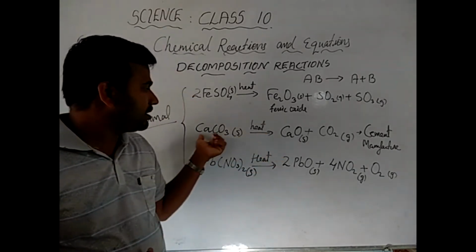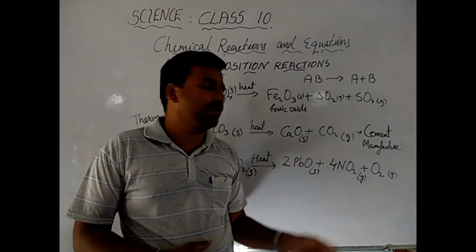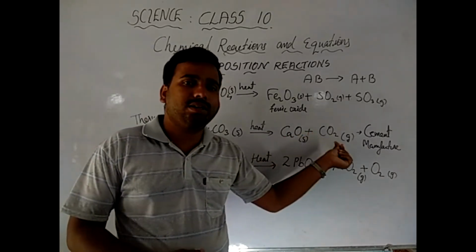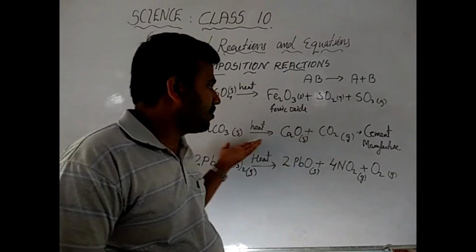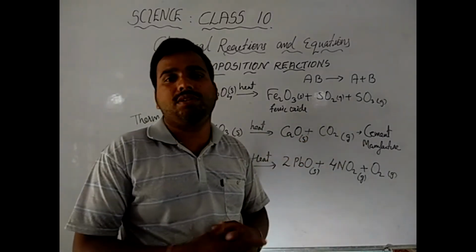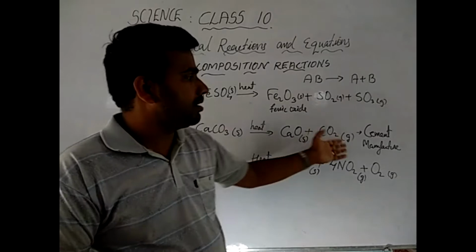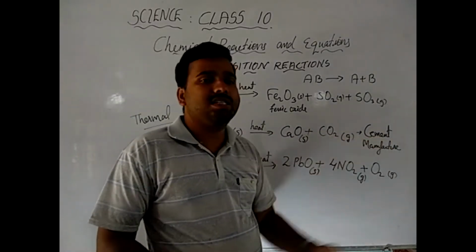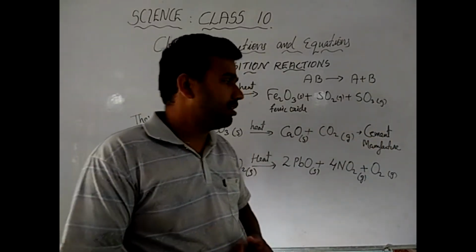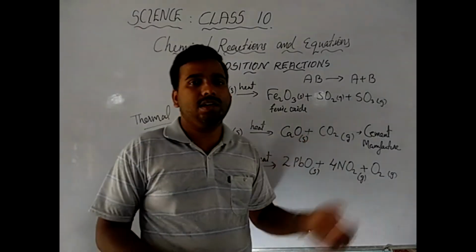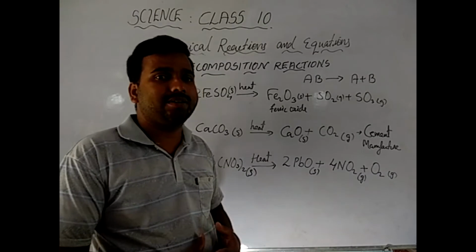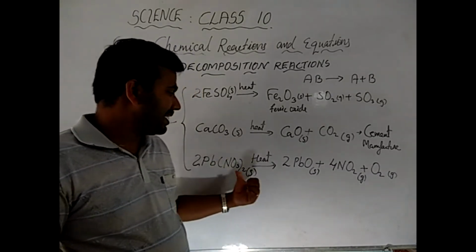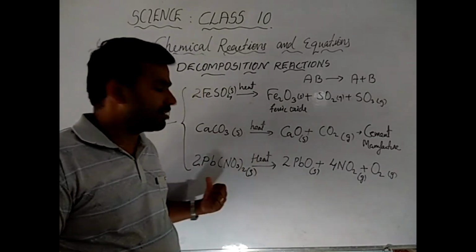When you heat calcium carbonate, it decomposes to give calcium oxide and carbon dioxide. This decomposition reaction is very useful in industry, mainly in cement manufacturing, so this reaction is very important. The next example is the decomposition of lead nitrate.